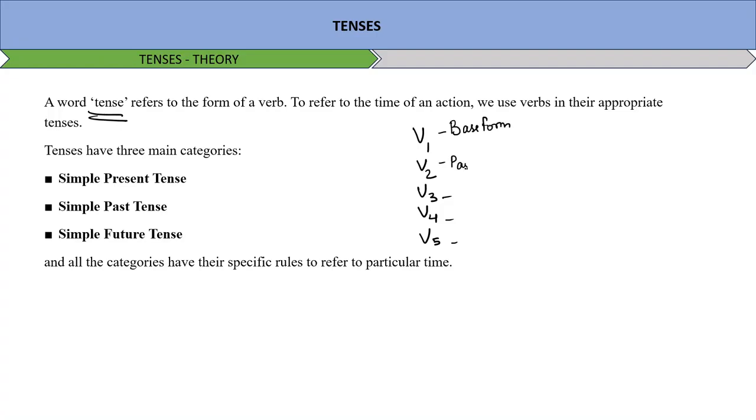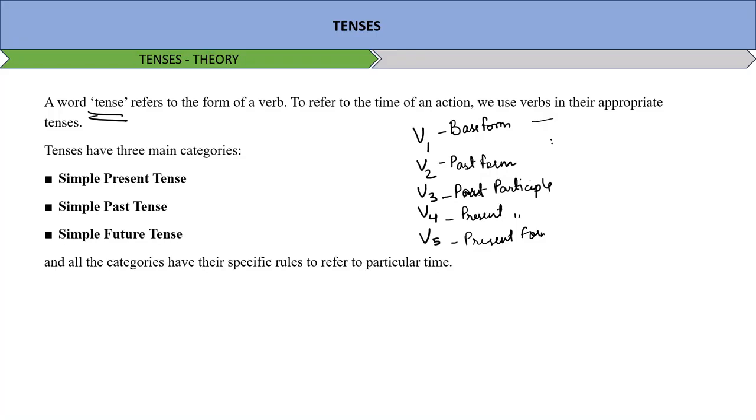V2 is the past form of verb. V3 is the past participle. V4 is the present participle, and V5 is the present form of verb, right?